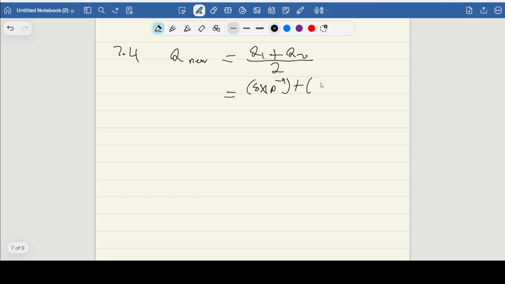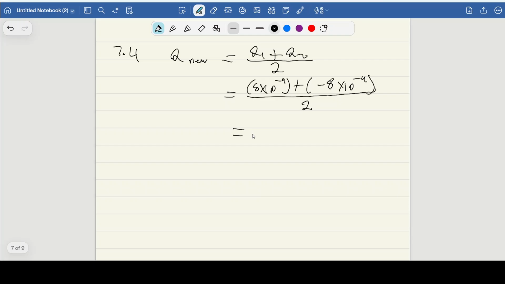Now that I want to know the actual charges, this is the only time we are going to put the negative charge. I'm just going to put it as it is because we want to know what the new charge is after they combine, so it matters which one is positive and which one is negative.